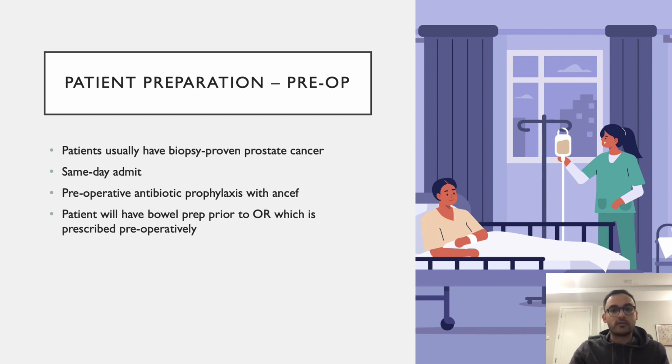They will come in through the same day admit pathway for these patients. In terms of the pre-op preparation, they usually will get a bowel prep, which is organized by my clinic, and that's tailored for individual patients. Some of them will get it, some won't, but again, that's something that I will take care of through my office. They will have normal preoperative antibiotics with Ancef. Then they go to the operating room.